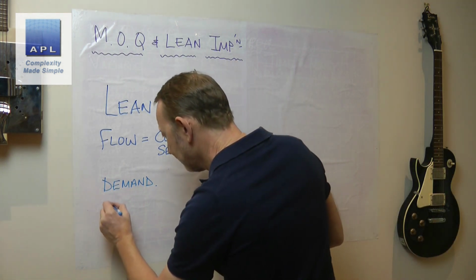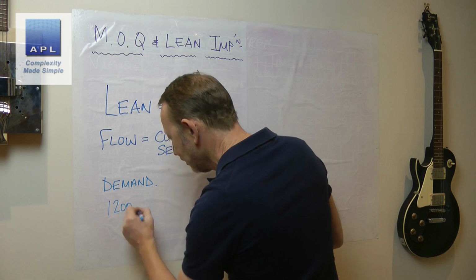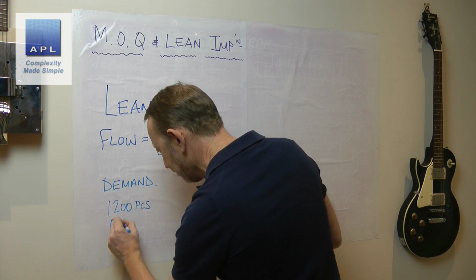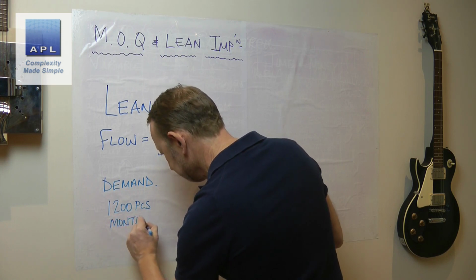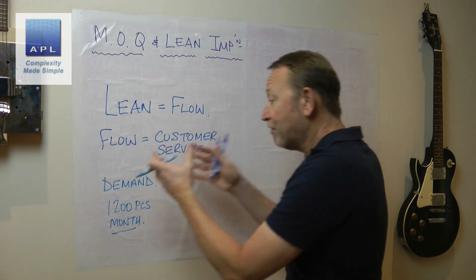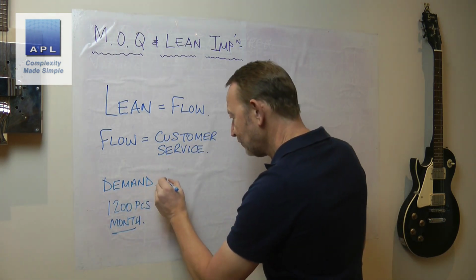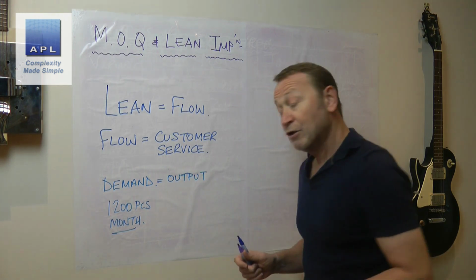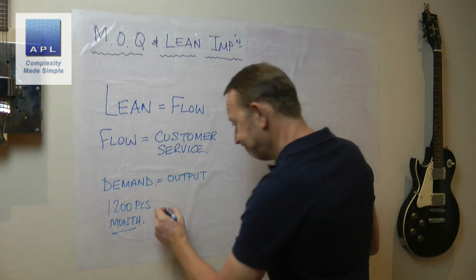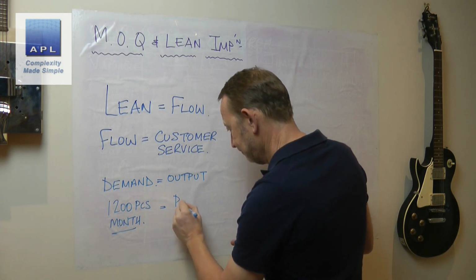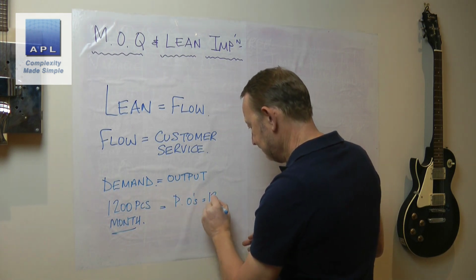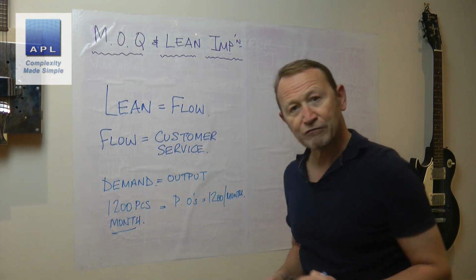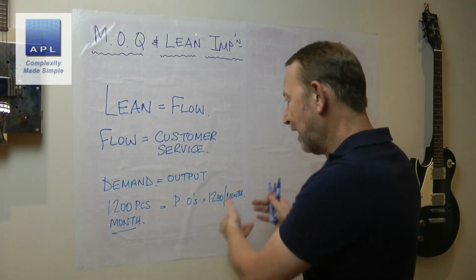So if your customer takes on average 1,200 pieces of some particular product per month, okay, so that's the demand. Obviously that's the output. What your purchasing should be doing is ordering 1,200 a month.